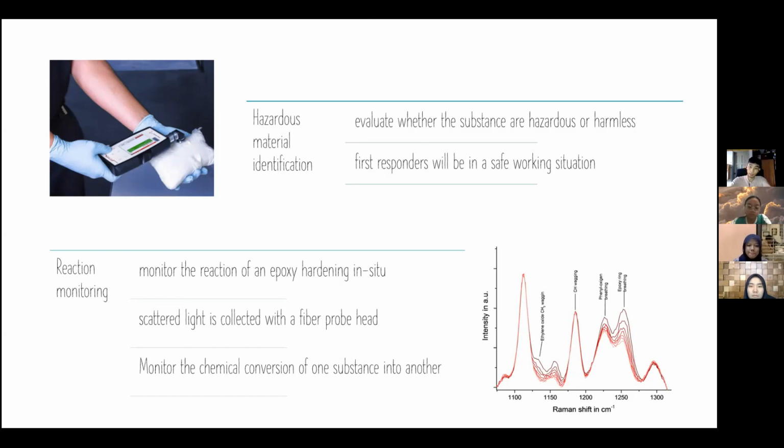For example, in the graph provided, there are multiple substances being tested. The color of the graph goes from dark red to light red.